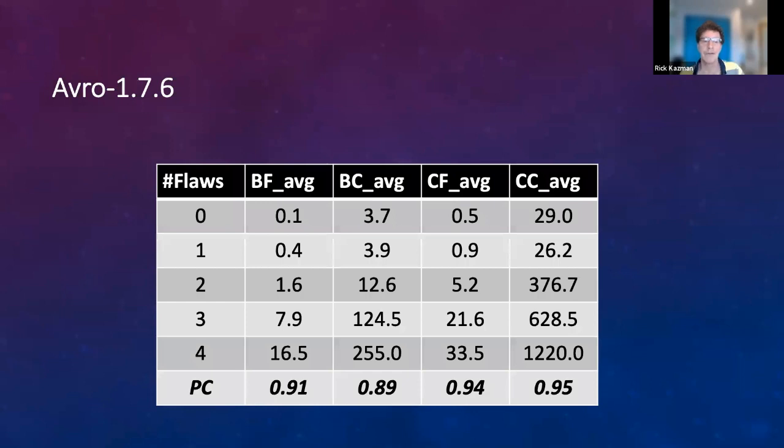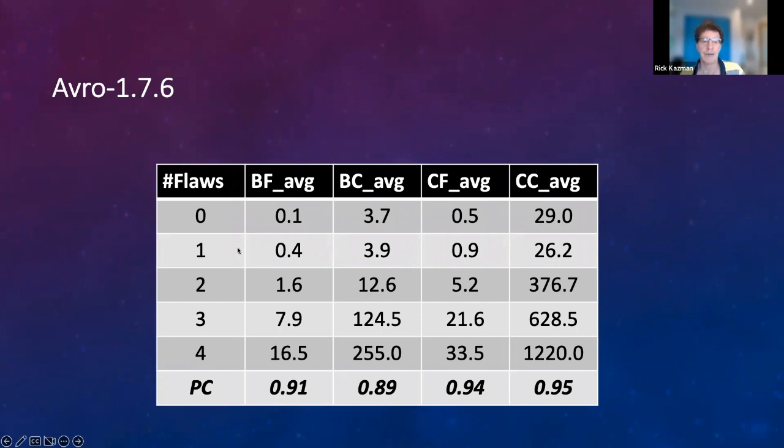So for the set of files in Avro that did not participate in any design flaw, those files had on average 0.1 bugs, requiring on average 3.7 lines of code to resolve. They had on average 0.1 changes, requiring 29 lines of code.